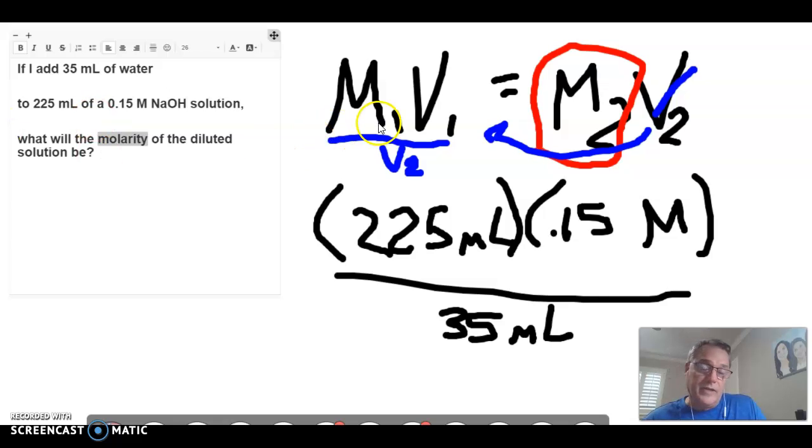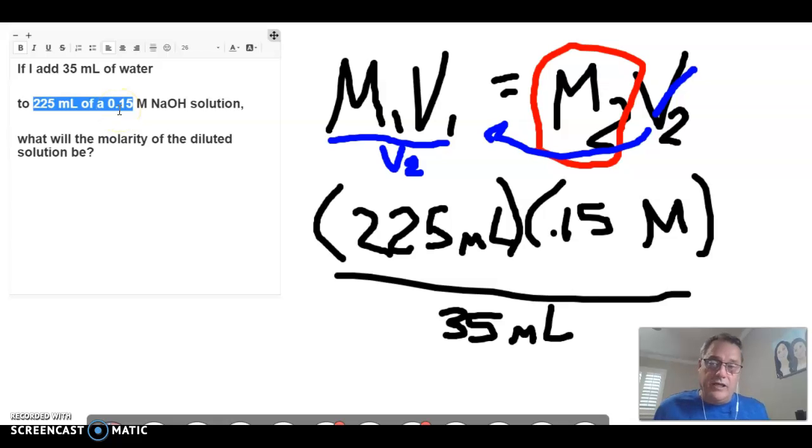All right, now let's figure out what is M1, what's V1, and what's V2. Here's what I do. This is a trick. Look at the characters in the problem. We have three of them: a 35, a 225, and a 0.15. The 225 is separated by the word "of" from 0.15.